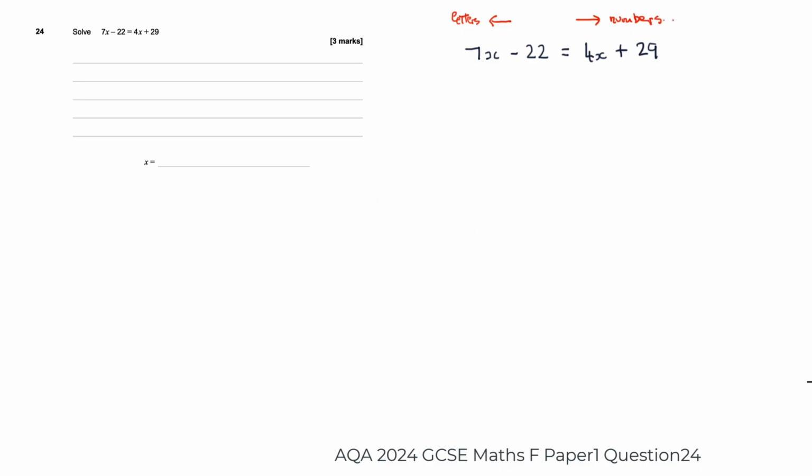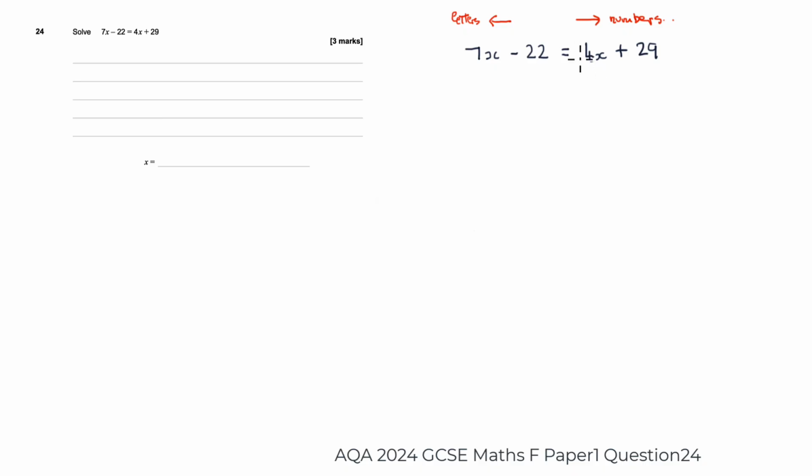Well, equations are like a balance, and we must always keep the equation balanced. So whatever we do to the left-hand side of the equation, we have to do identically the same thing to the right-hand side of the equation. And if we're trying to get letters on the left and numbers on the right, then what's wrong? Well, this 4x, that's 4 lots of x, that involves a letter x, that shouldn't be on the right hand side.